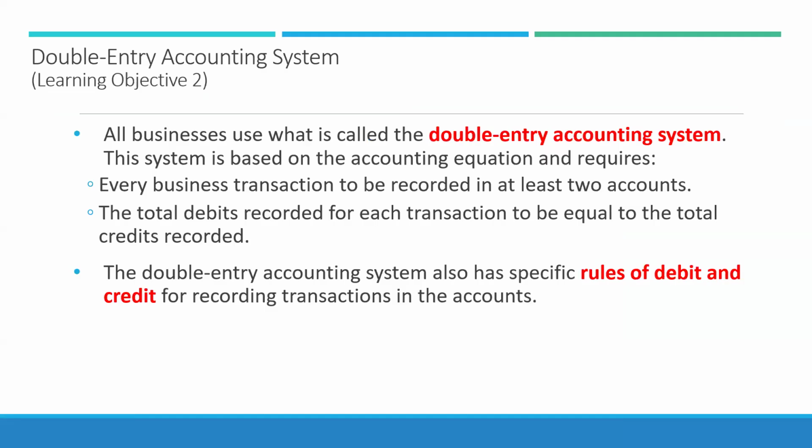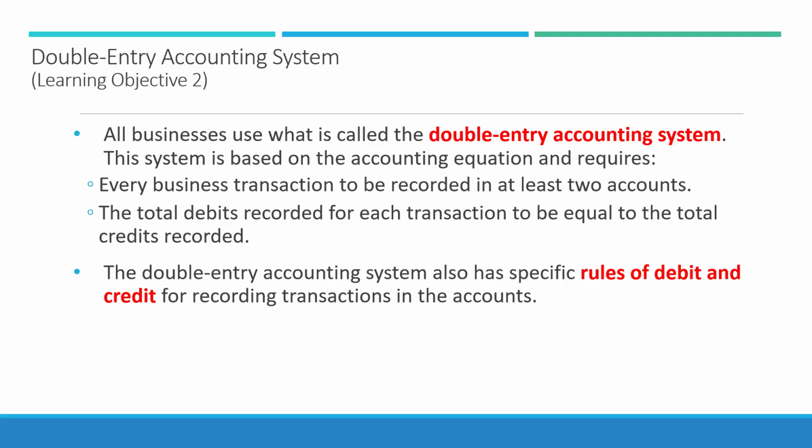All businesses use what we call the double entry accounting system. This system is based on the accounting equation, and it means that every transaction is going to have two sides. We were doing the double entry system last week and you didn't even realize it.